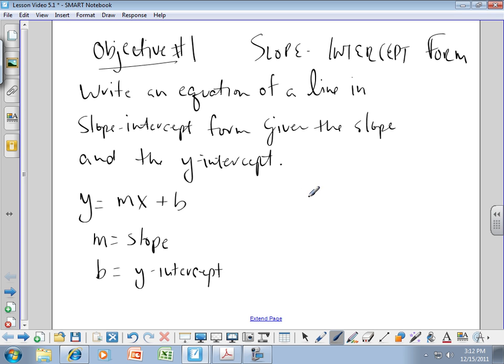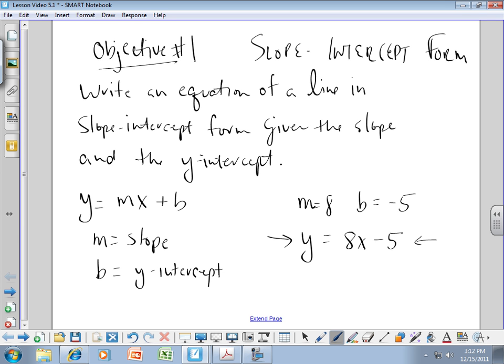Oh, let's say m is 8, and they give you b. Let's say the y-intercept is -5, and you need to write the equation of the line. Well, y equals 8x minus 5. There's your equation. It's really that easy.